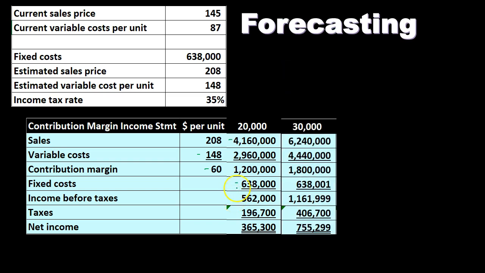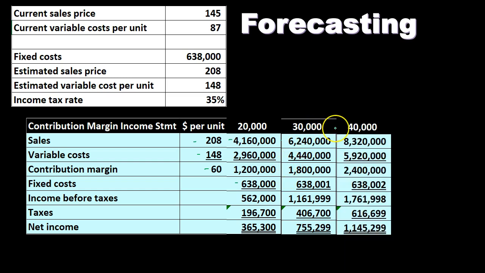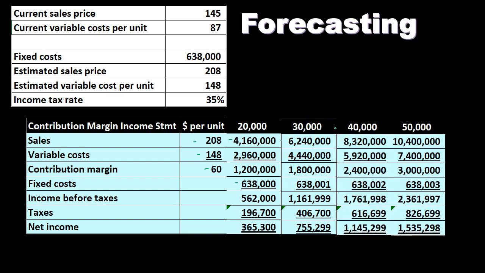And we could put then, well, what would happen at 30,000 right next to it, which would be the 208 times the 30,000, 6,240,000, the 148 times the 30,000, 4,440,000, 60 times the 30,000, 1,800,000, or 6,240,000 minus the 4,440,000, and so on. And then we can say, okay, what would happen at 40,000? What would happen at 50,000?